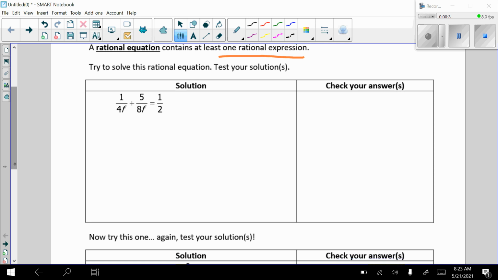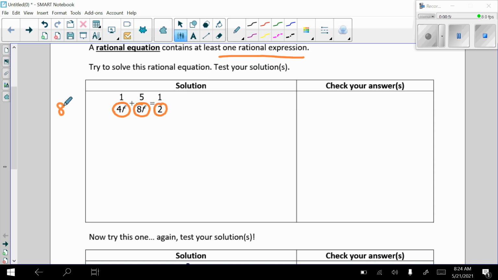So what I want you to do is look at these denominators, and think about what would be the least common denominator of these three denominators. So you're going to look at 4, 8, and 2. What's the smallest value that they all divide into evenly? Well, I think we can all agree that it's 8.